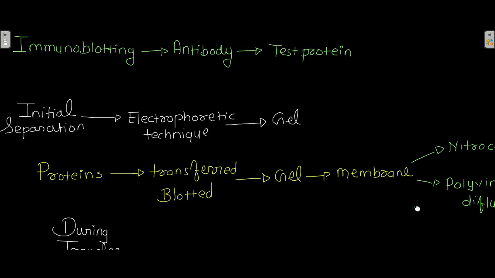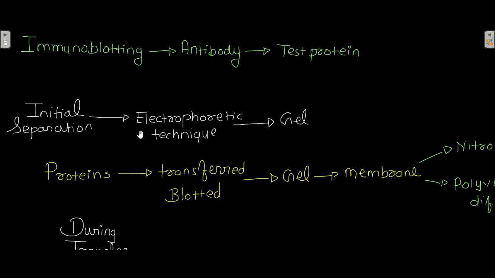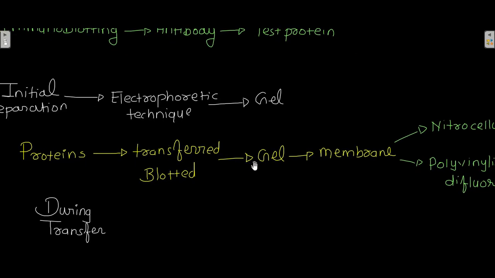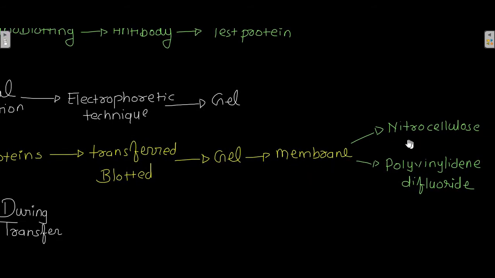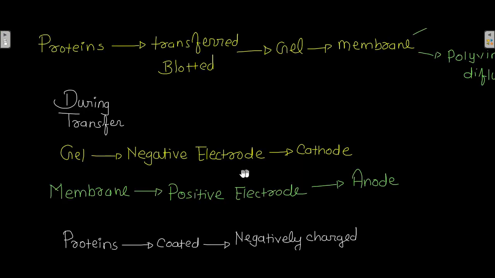So you have the mixture of proteins, you separate it by gel electrophoresis, and the proteins from that gel are transferred to the membrane, which can be made of nitrocellulose or polyvinylidene difluoride. During the transfer process, the gel is placed at the negative electrode, that is the cathode, and the membrane is placed at the positive electrode, that is the anode.